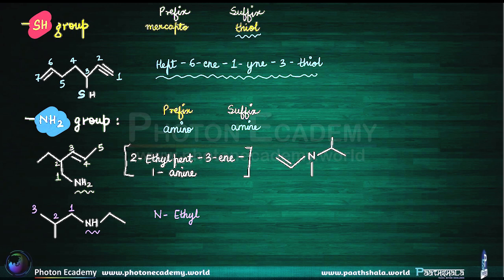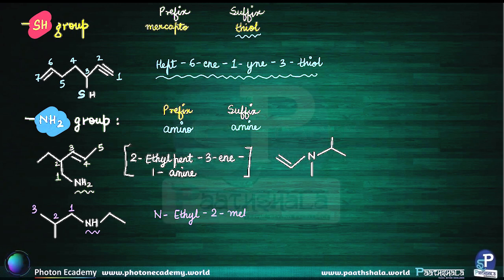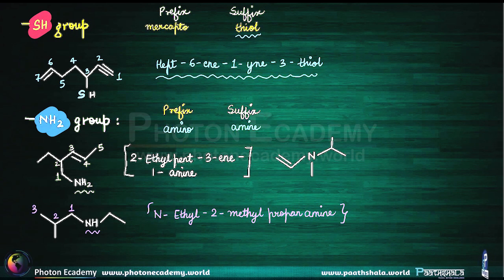Then we have 2 methyl. So at 2, we have the methyl group present. And then we call this propanamine. So this is how we name this particular compound. Okay, N-ethyl 2-methyl propanamine.